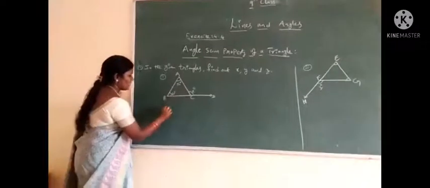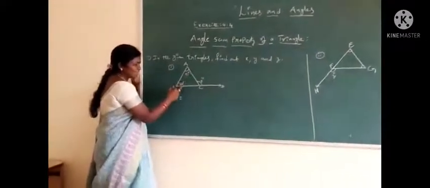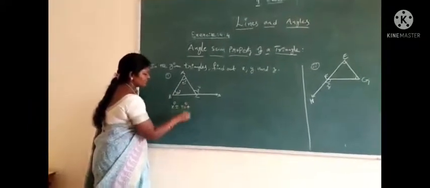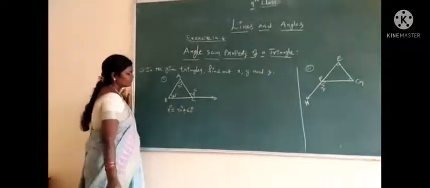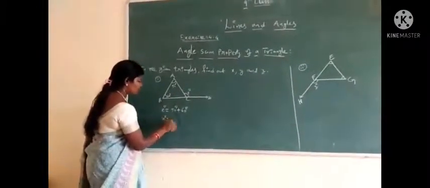So x degrees is equal to the sum of interior angles, 50 degrees plus 60 degrees. Why?